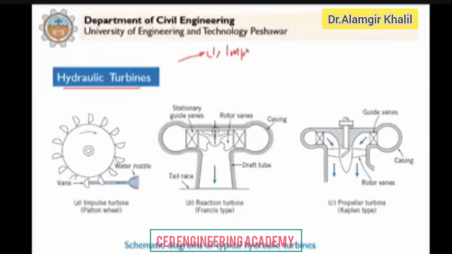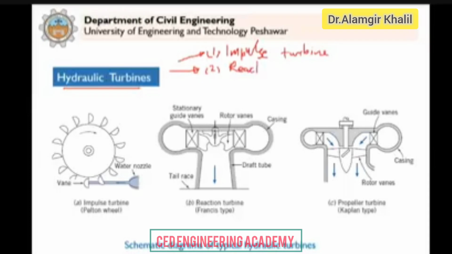The first category is impulse turbine. And the second category is reaction turbine. These are the two broad categories of hydraulic turbines.